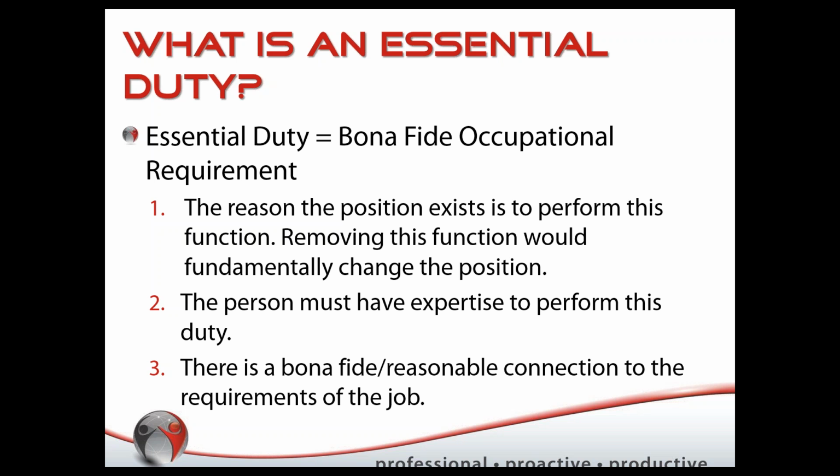And even the Supreme Court of Canada has a three-step test that they stick by to determine if something is a bona fide occupational requirement. So you need to be able to establish that you truly did think that it was an essential duty. So that process is trying to establish that rational connection.